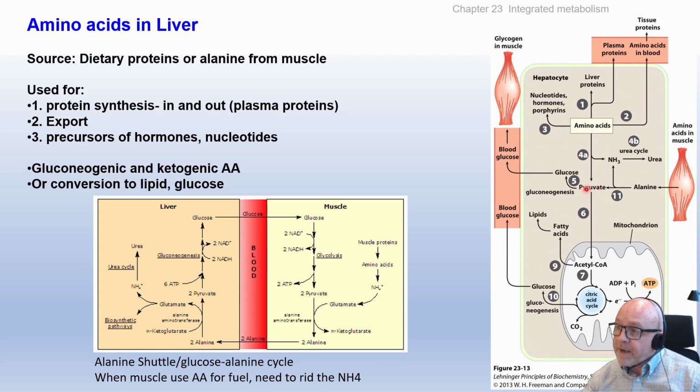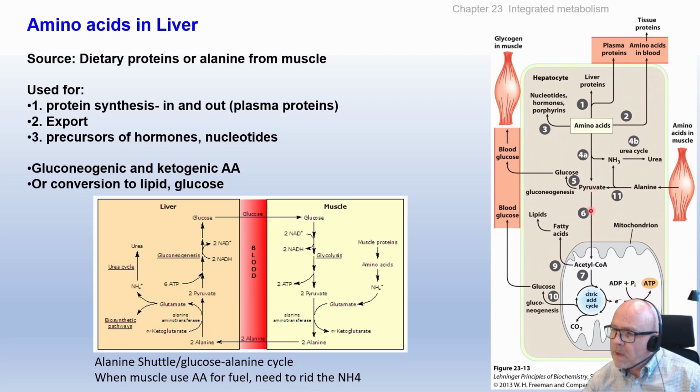Then the liver has this specialized gluconeogenesis function, where pyruvate can be converted to glucose and exported. So amino acids can generate glucose in the liver for export in the blood. Amino acids can be broken down to acetyl-CoA, enter into the citric acid cycle to provide a source of ATP.